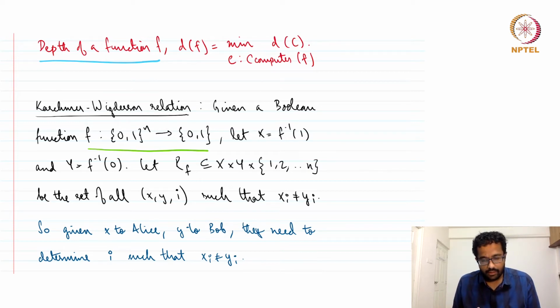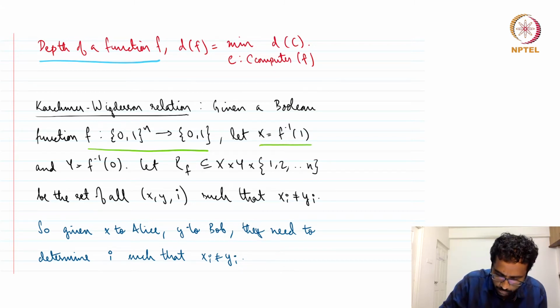So what is a relation? You separate the domain of f into 0 inputs and 1 inputs. Let X be all the 1 inputs, meaning all the inputs in {0,1}^n which give the answer 1, and Y be all the 0 inputs. Just for a sanity check, both X and Y are subsets of {0,1}^n.